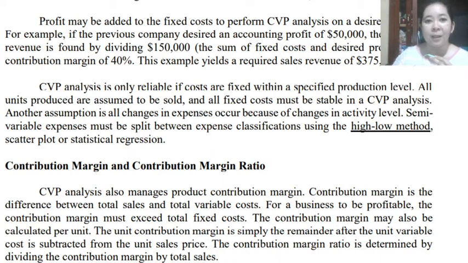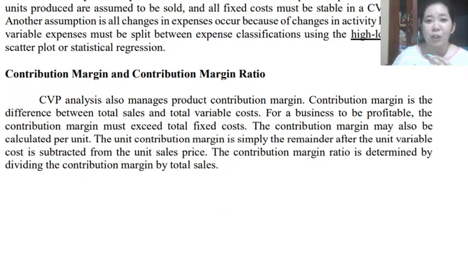So, contribution margin and contribution margin ratio. This is an important element in the computation of our break-even analysis. So you have to understand what the CM, or contribution margin, is and the CM ratio. CVP analysis also mentions product contribution margin.